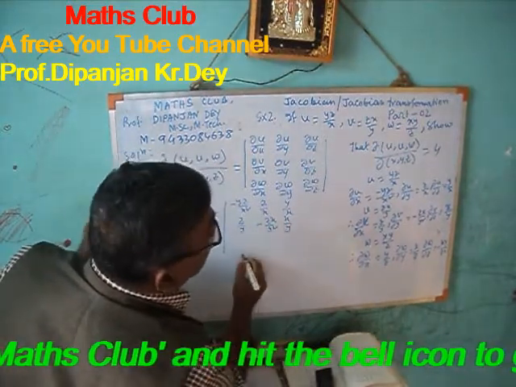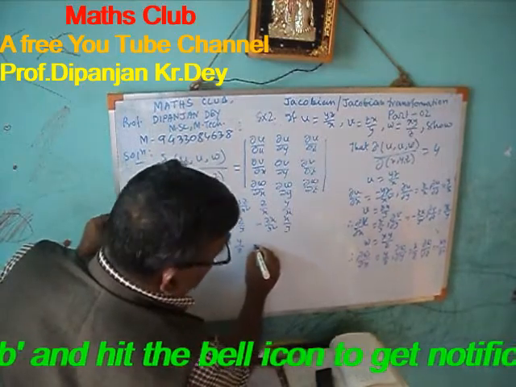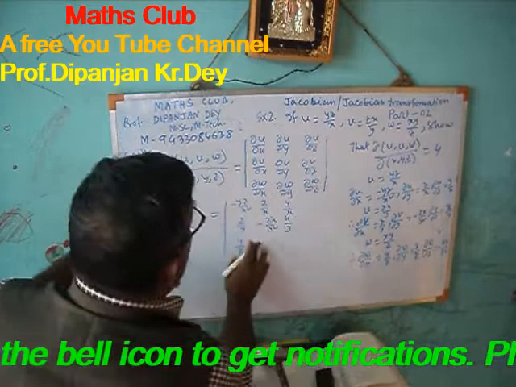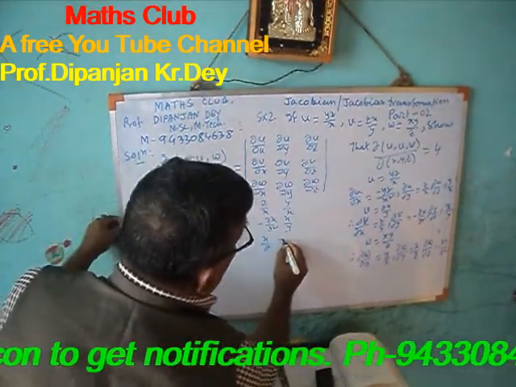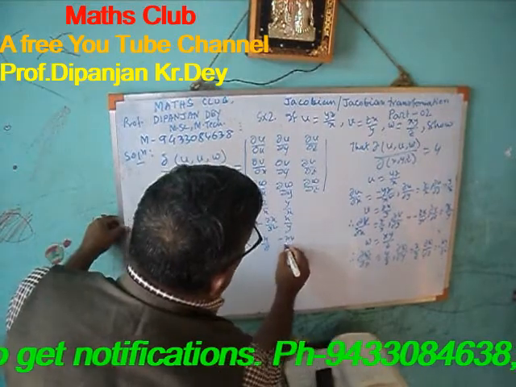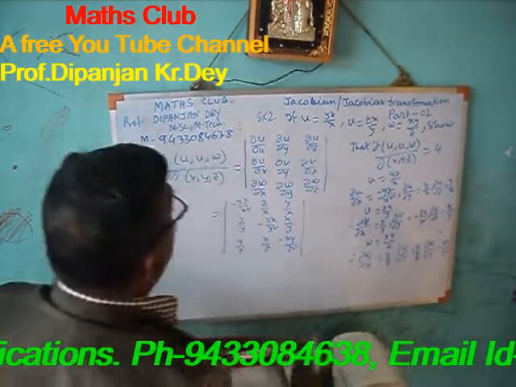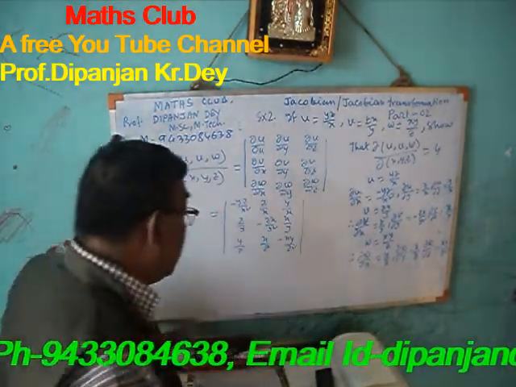Now y by z, z by x, x by z, and this is minus xy by z square. So break this determinant and you will get the answer.